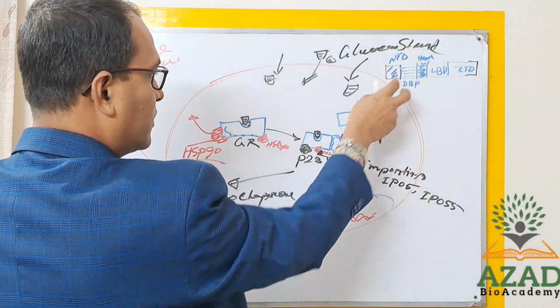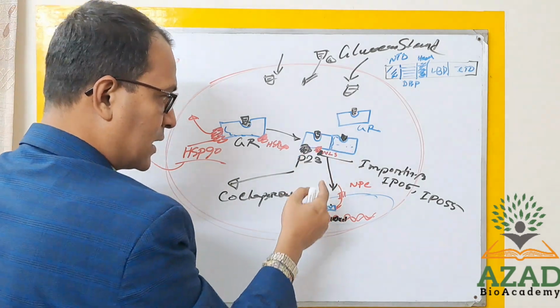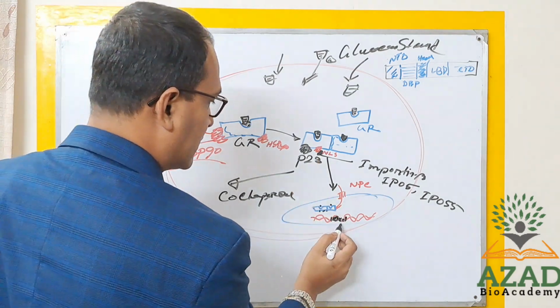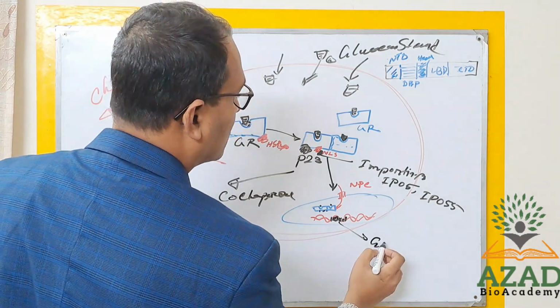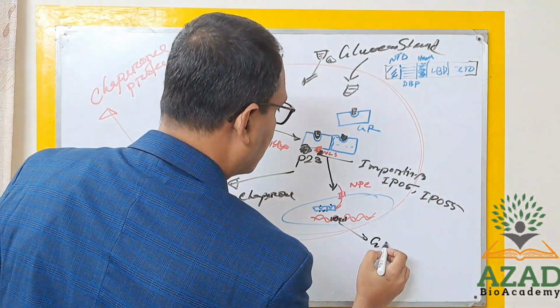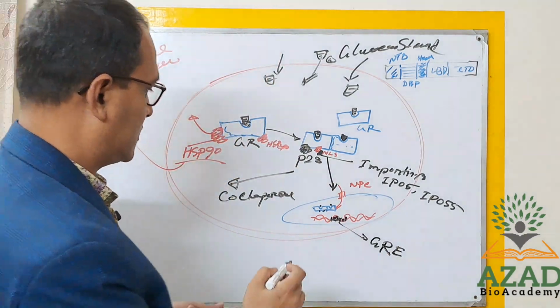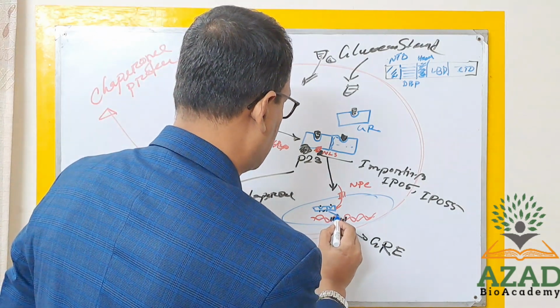Okay, so that region, that sequence, you can consider as the DNA binding sequence. The DNA binding domain is present within the receptor, and that sequence is mostly for binding. You can consider that sequence as the glucocorticoid response element. Over there it will attach.